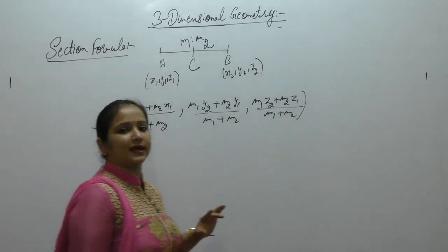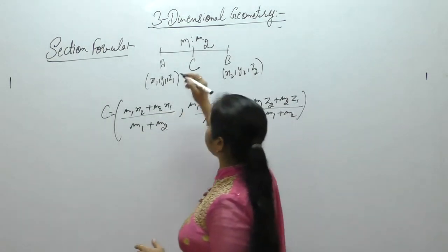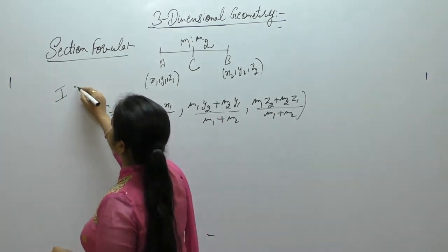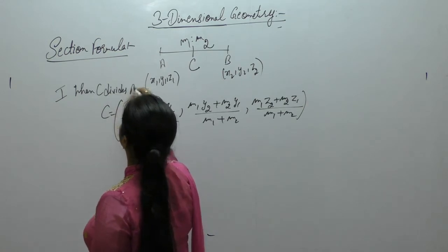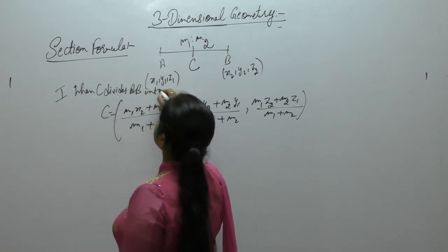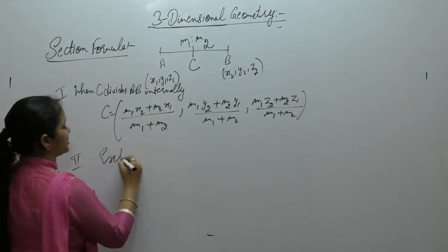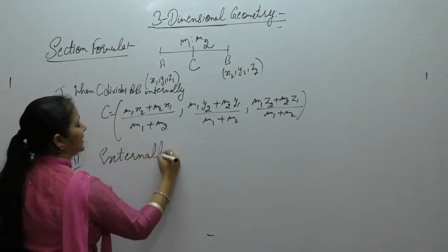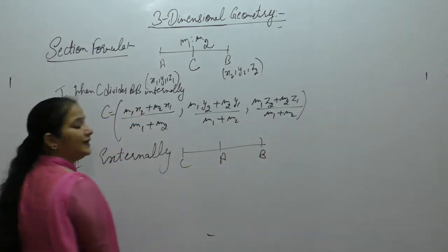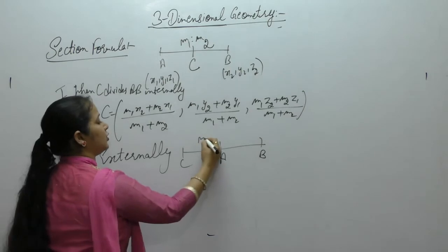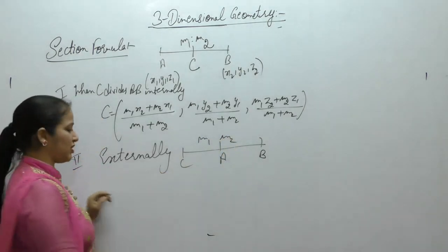This is the first case, when C divides AB internally. Now second is the case when C divides AB externally. अगर ये C जो point है AB को externally divide करता है in the ratio m1 to m2, then what are the coordinates of point C?